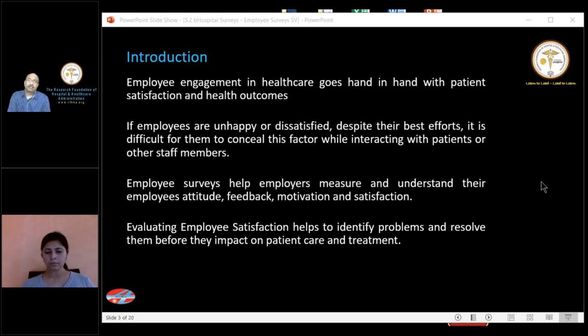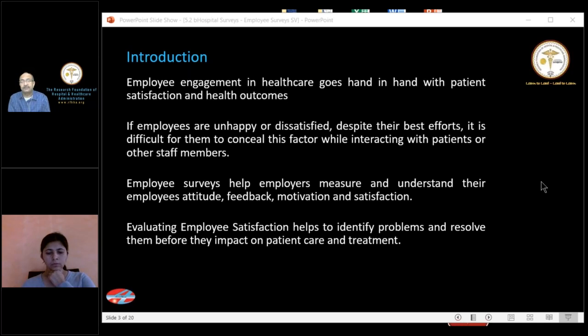I wouldn't know whether many of you have experienced this, but if you are waiting in a hospital waiting area in the OPD, or in front of the ICU, and you see an altercation between two employees of the hospital, this definitely does not give a comforting picture in the minds of the people waiting and of the patients. So a dissatisfied employee will definitely have an adverse impact on the quality of patient interaction.